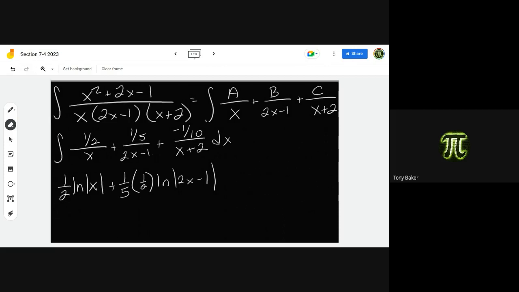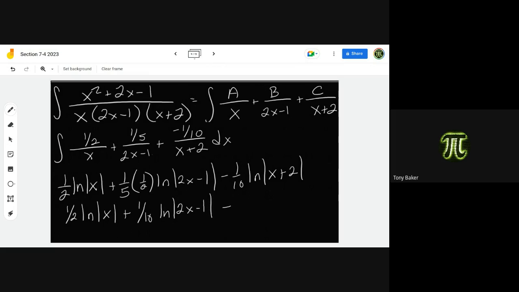And now the last one is minus 1/10 ln of x plus 2. So I have 1/2 ln of x plus 1/10 ln of 2x minus 1 minus 1/10 ln of x plus 2.